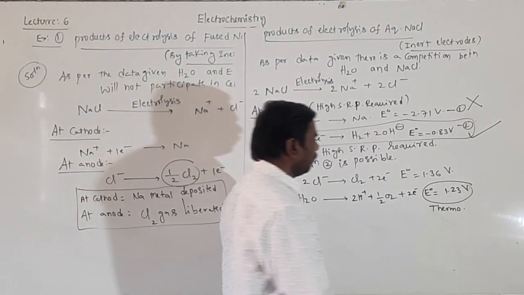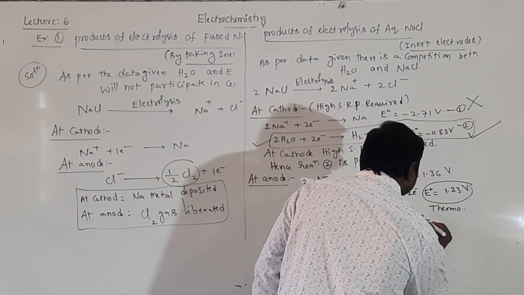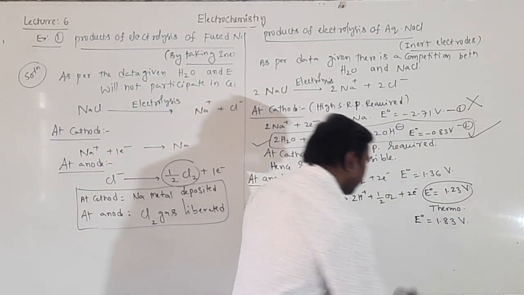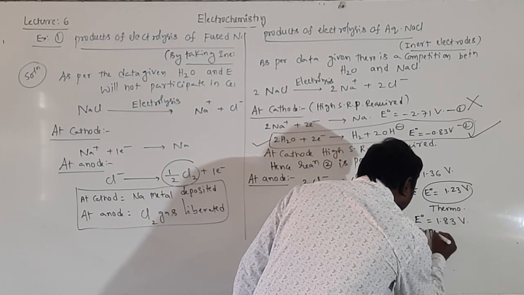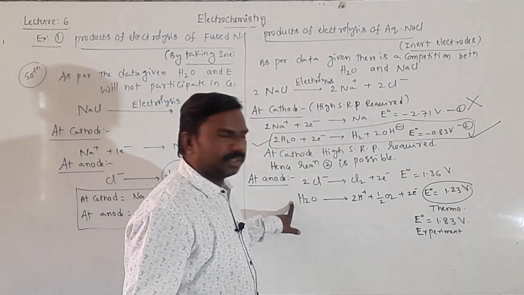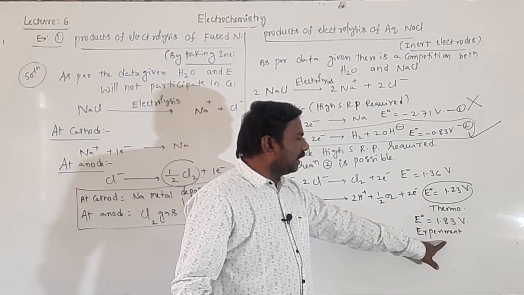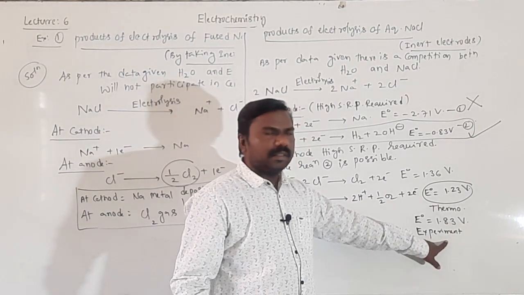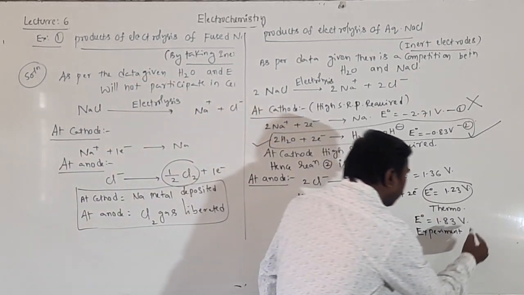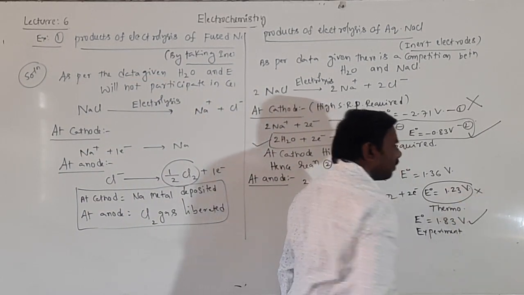The exact value, the E naught value, is 1.83 volts. This is the experimentally determined value. That's why for the second reaction, the actual value is experimentally 1.83, but the thermodynamically determined value is 1.23. You have to consider this value but not that value.